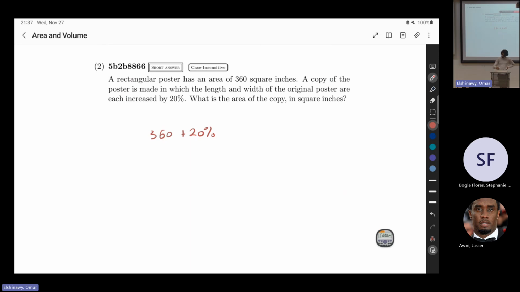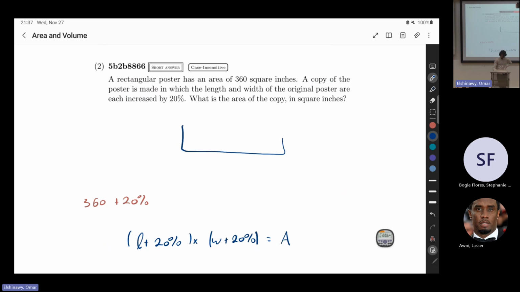Or you can also write the length plus 20% multiply width plus 20% times, who's equal to area. I'm just writing what you say.